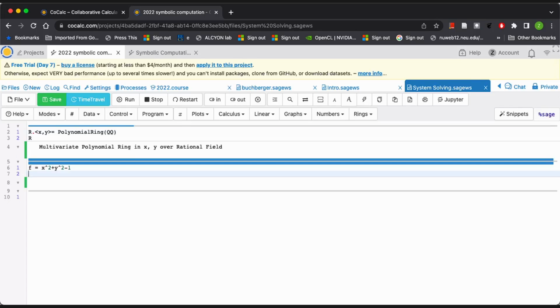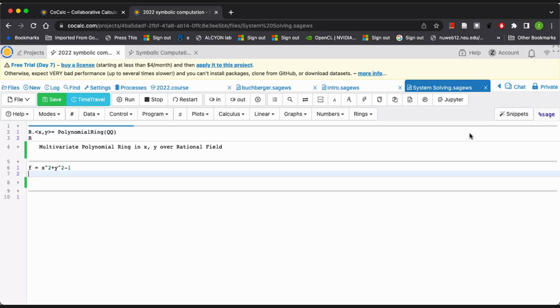How do we plot? I want to plot to see what this is. Any ideas on what the command could be? You have to participate more. So this is the implicit equation. I want to check if there is an implicit plot, and there is apparently an implicit plot command.